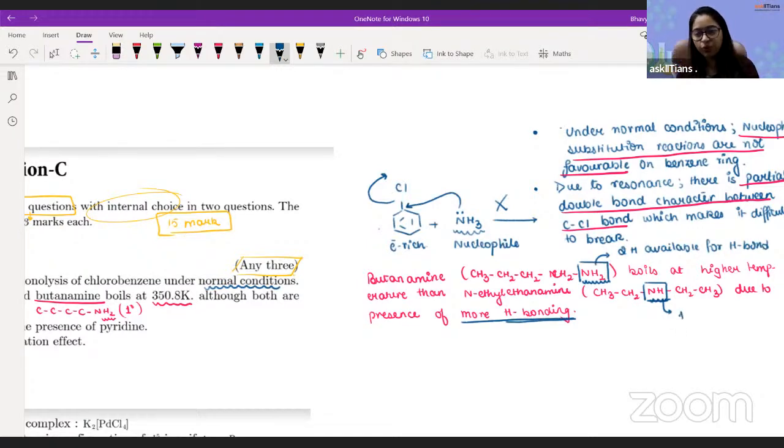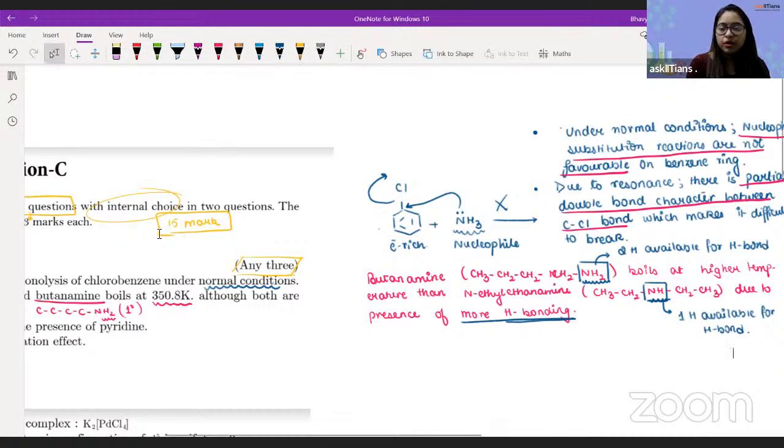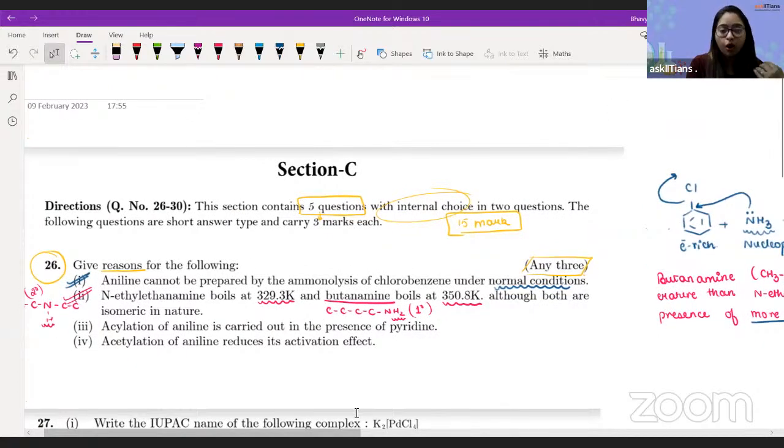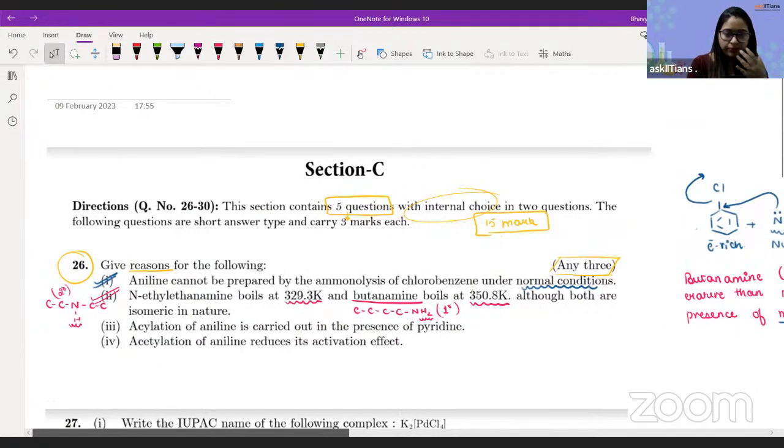And here you can mention 1 hydrogen. Right? Makes sense? So it's not a lengthy answer, you have to just make sure that you are writing down all the important points over here.